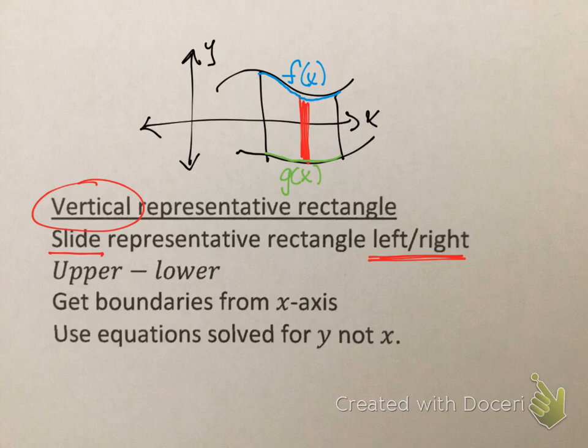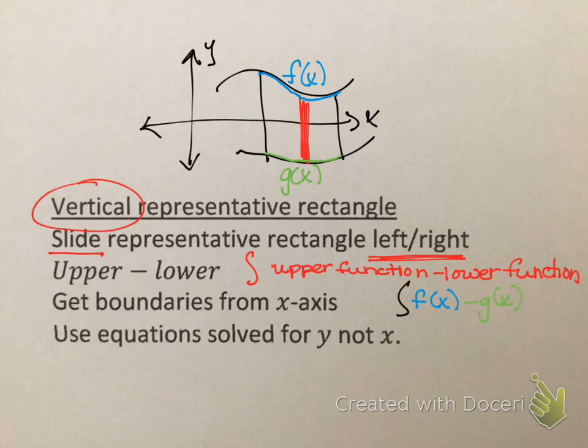When you set up your integral, you will always have upper function minus lower function. So in this case, it would be the antiderivative of f of x minus g of x dx.